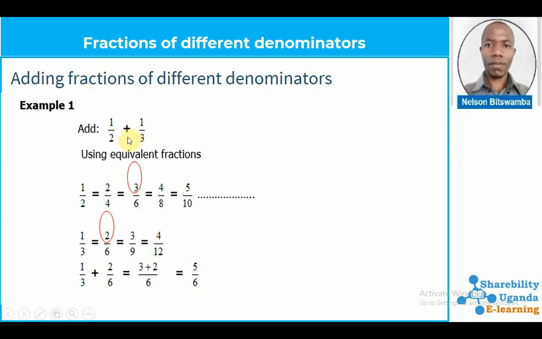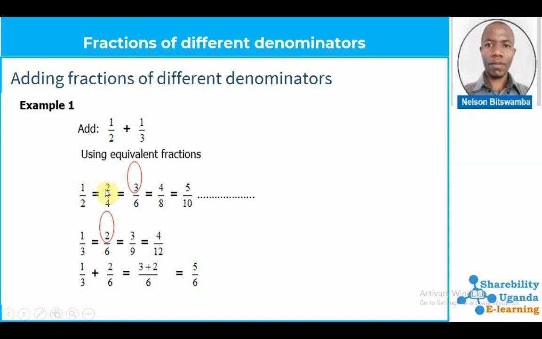So here we're going to use the method of equivalent fractions. You remember how we talked about equivalent fractions and how we can solve them.